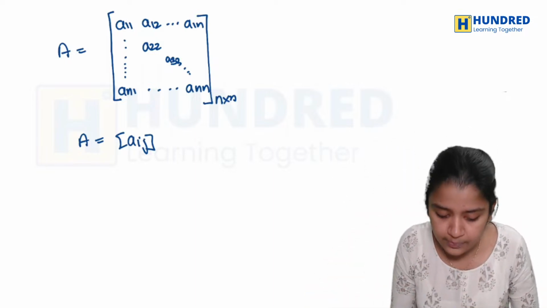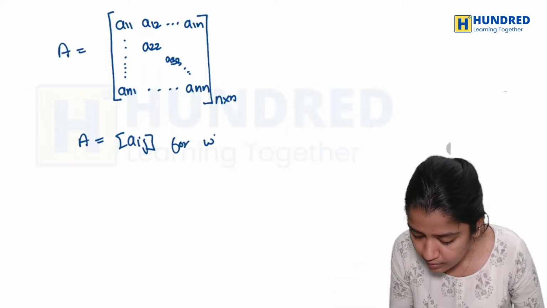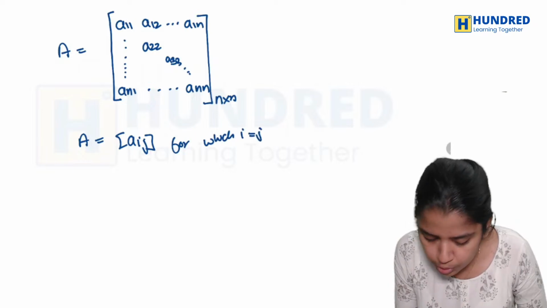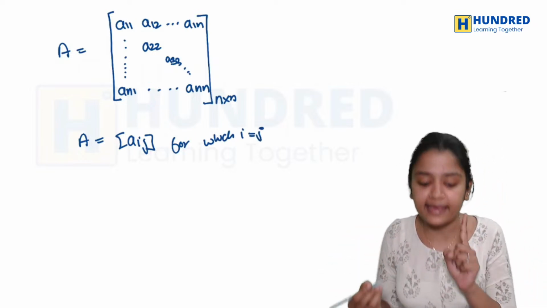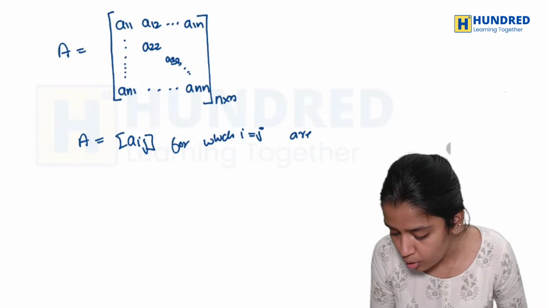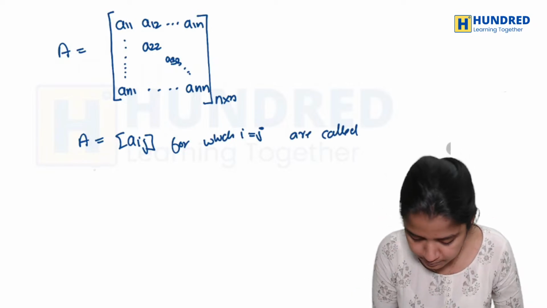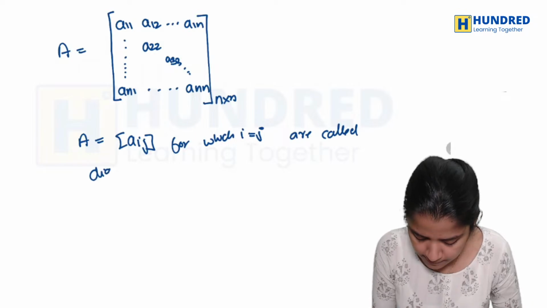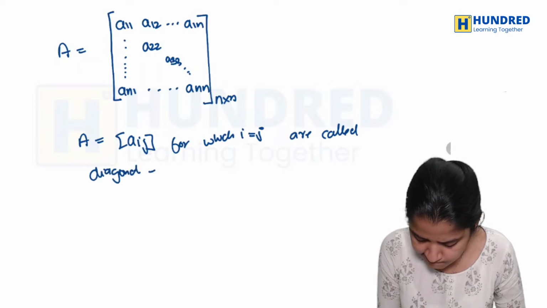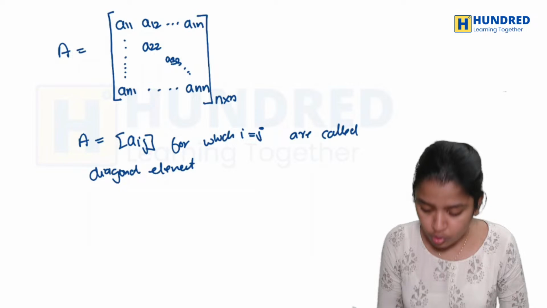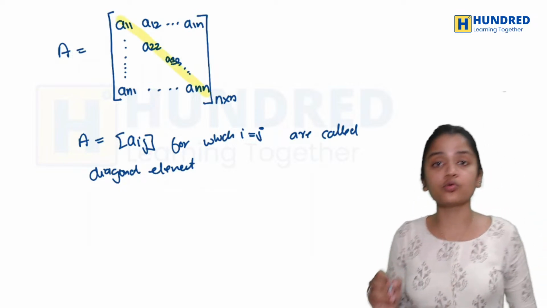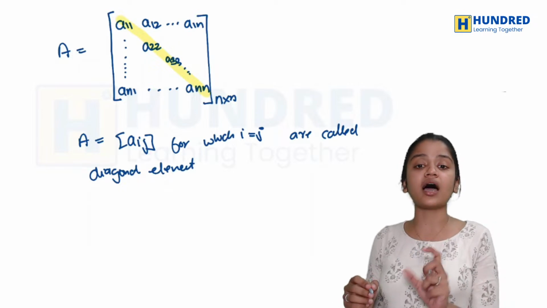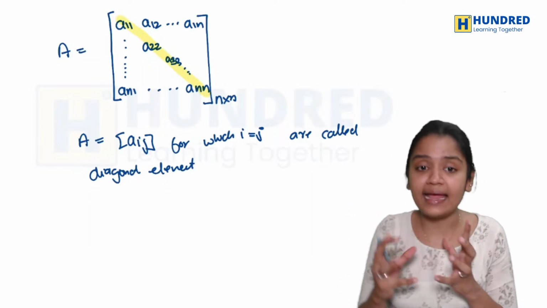The elements for which i is equal to j are called diagonal elements. So here when you see A11, A22, A33, those are the diagonal elements.